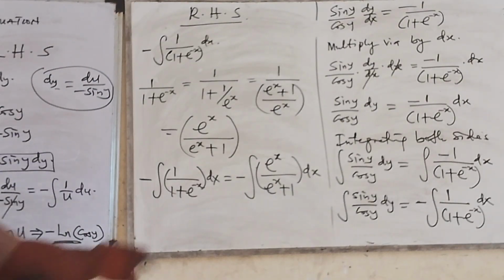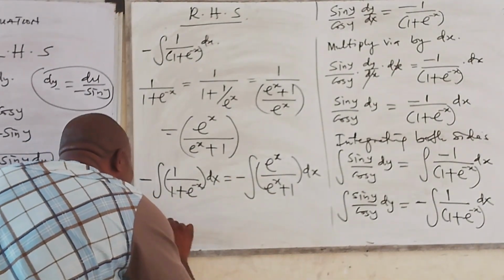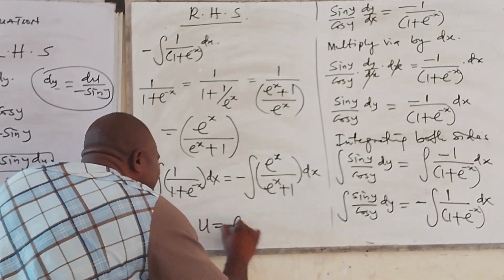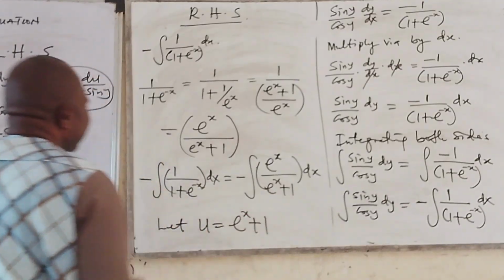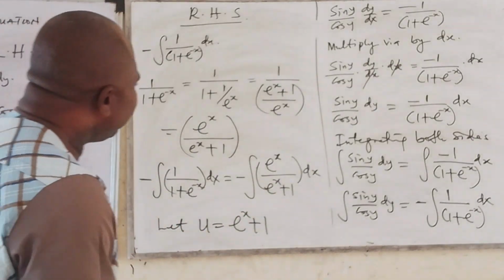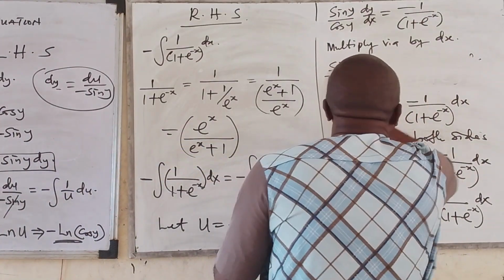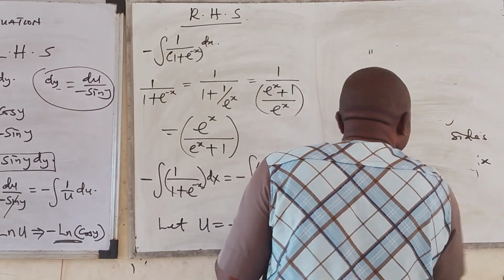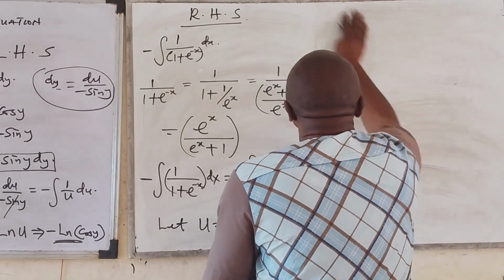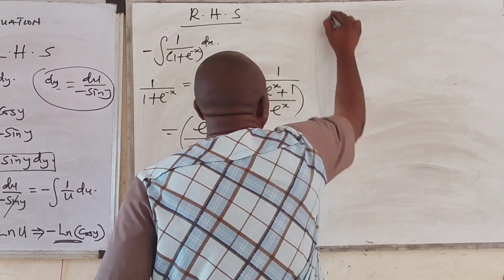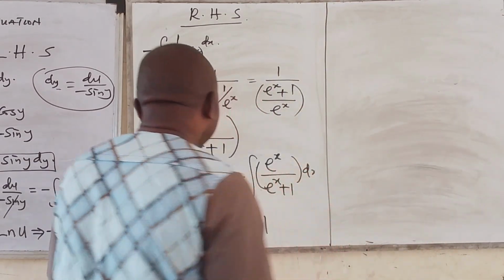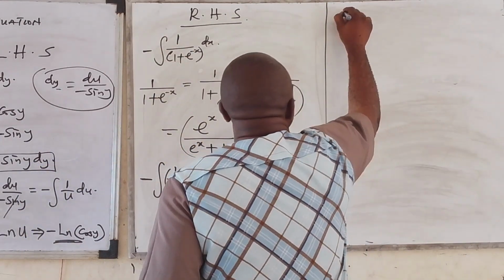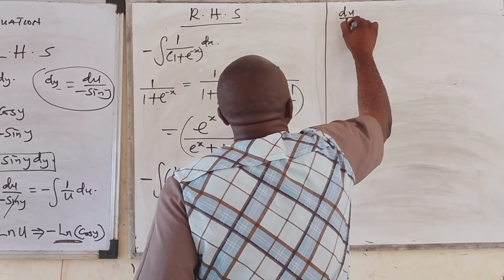So now let's look at this. In this case, let u be equal to e to the power x plus 1. So if this is u, let's look at du over dx.